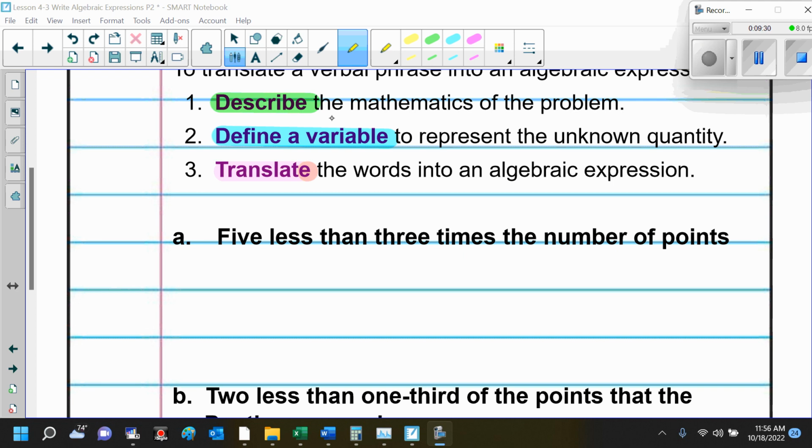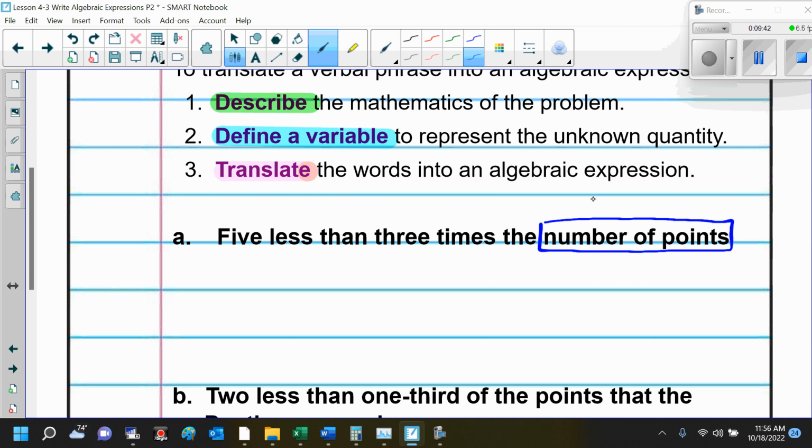All right, so now we want to define the variable. What is it that we don't know? Right, we don't know the number of points. So what do we want to use for our variable? Okay, P for points.